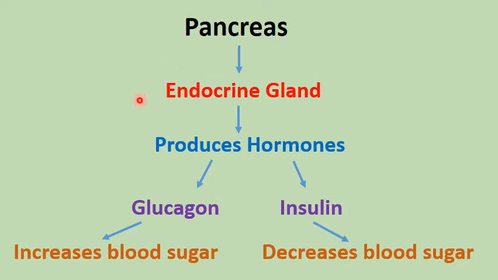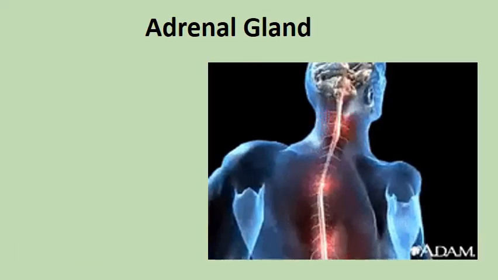These are two types of hormones related to the blood sugar. So the pancreas balances the sugar in the blood. Whenever we need to increase the blood sugar, it secretes glucagon. Whenever we need to decrease the blood sugar, it secretes insulin.